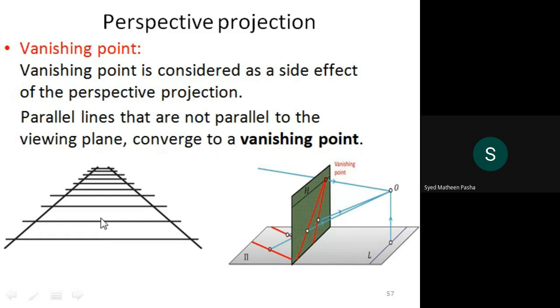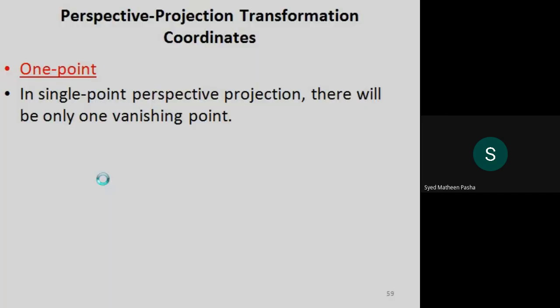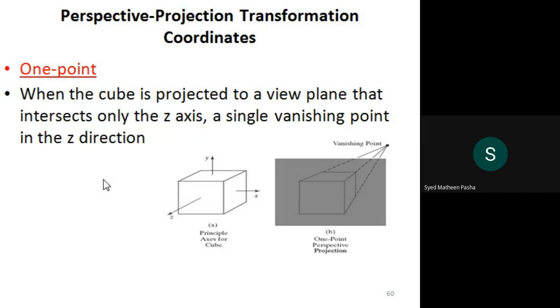I can just tell how the points are vanishing with respect to the human sight. That is the 1 point, where I can tell there is only one vanishing point with respect to that particular plane. An example of 1 point: when the cube is projected to a view plane that intersects only the z axis, a single vanishing point is in the z direction.